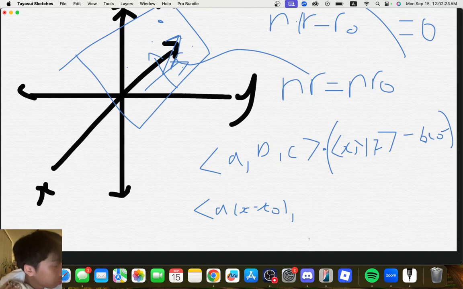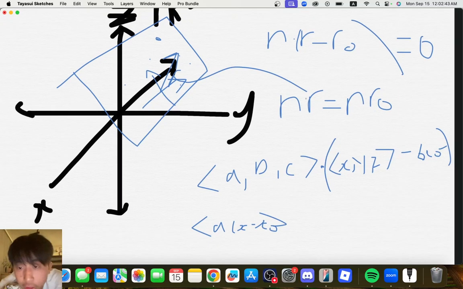And let me see this. Oh yeah, so it's not this. Okay, can't even cancel. Alright, anyways. So n, since they're both vectors, this must be the dot product, right?